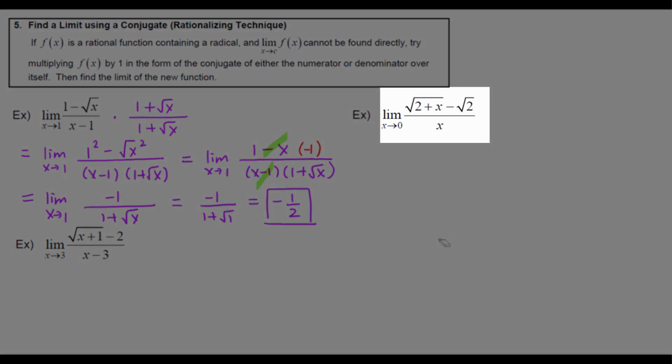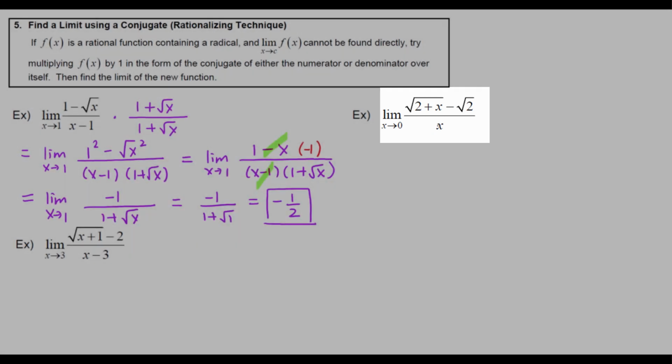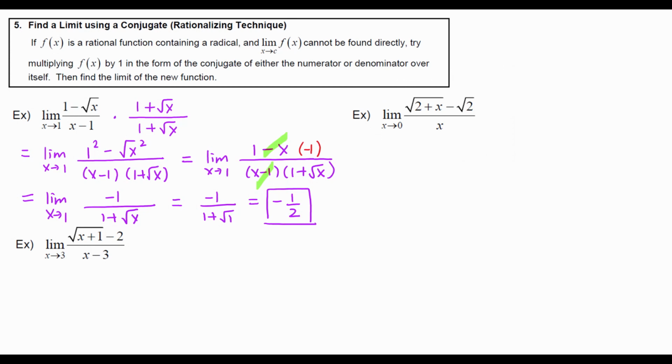Now let's look at the second example. I have a limit of quantity radical 2 plus x minus radical 2 over x as x approaches 0. So again, to find this limit, you are going to multiply by the conjugate of the numerator since that's where the radicals are. And the conjugate of radical 2 plus x minus radical 2 is radical 2 plus x plus radical 2.